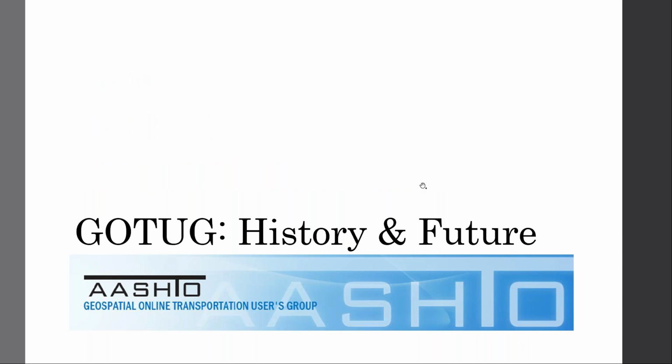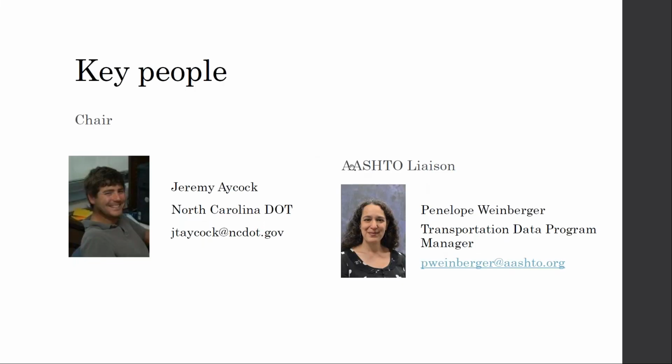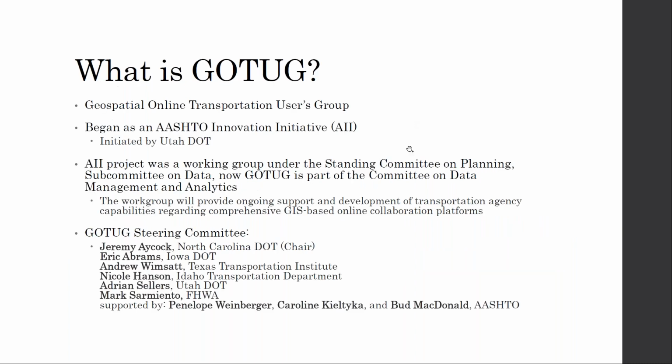So we'll just give a quick history and the future for Go Tug. So the key people in this group is our chair, Jeremy Aycock from North Carolina DOT, and your AASHTO liaison is Penelope Weinberger. So what is Go Tug? Go Tug is a geospatial online transportation users group.